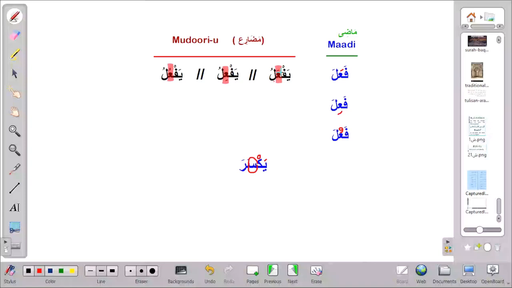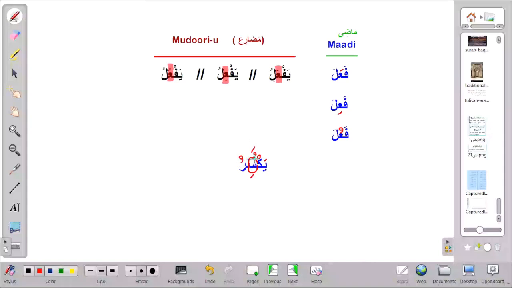I'm not saying that is the mudari, I'm just saying there are three possibilities: yaksaru, yaksiru, or yaksuru. But this will maintain fatha, sukun, and then dhamma. The problem is the second last letter.